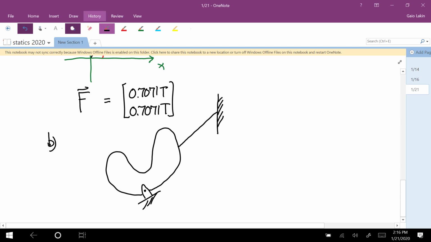We want to figure out the vector that goes from here to the wall. That green is the vector we want. To solve this, we have to recognize that that vector is equal to the sum of this vector and this vector.